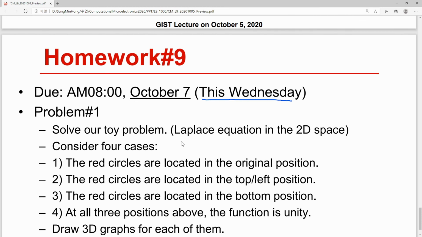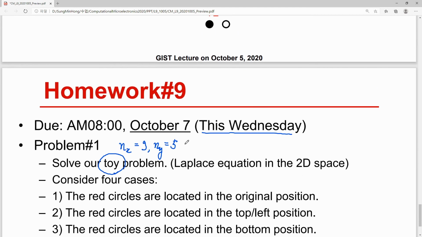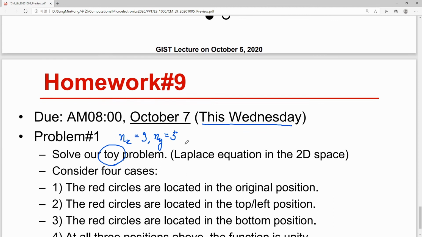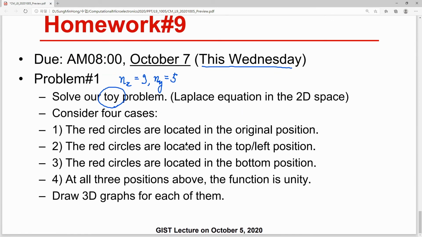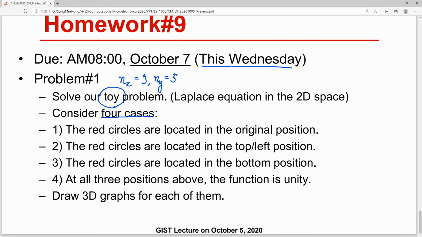Today, we have introduced a toy problem where nx equal to 9 and ny equal to 5. But anyway, you can make a simple Laplace equation solver for it with given boundary condition. And now I wanted to ask you 4 different cases. The first one is red circles are located in the original position.